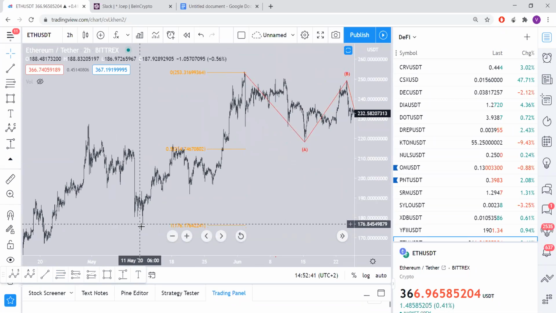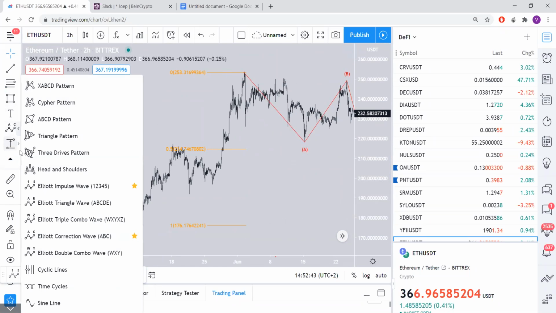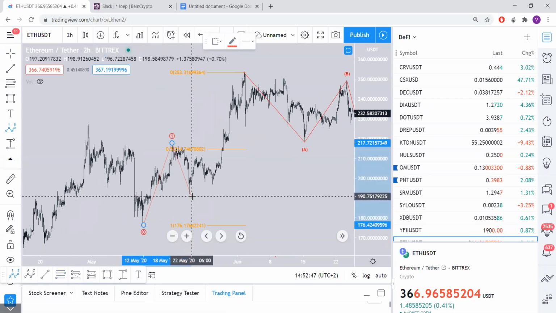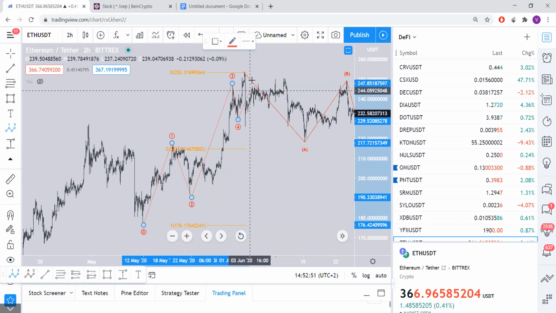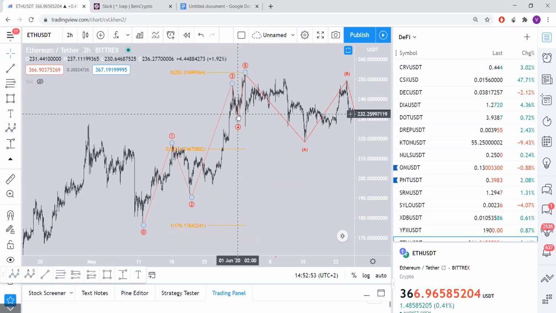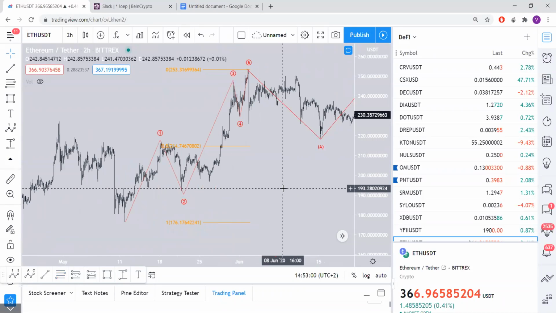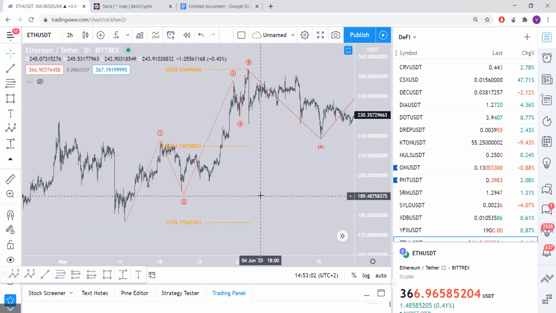Now keep in mind this is probably an impulse. We have a 1, 2, 3, 4, 5. Look how different waves 2 and 4 are, right? So this gives you more confidence that this is the correct count.